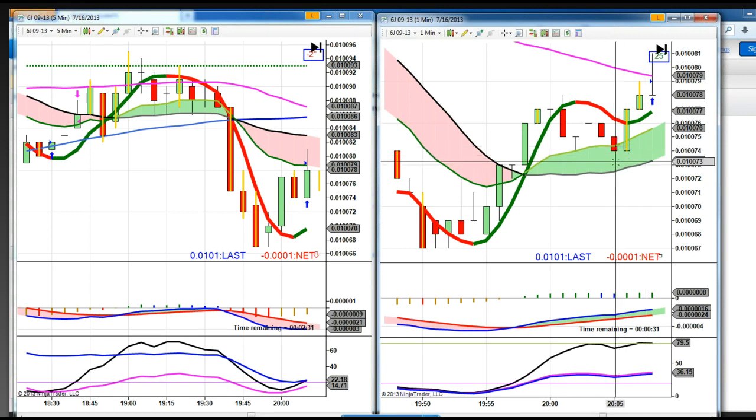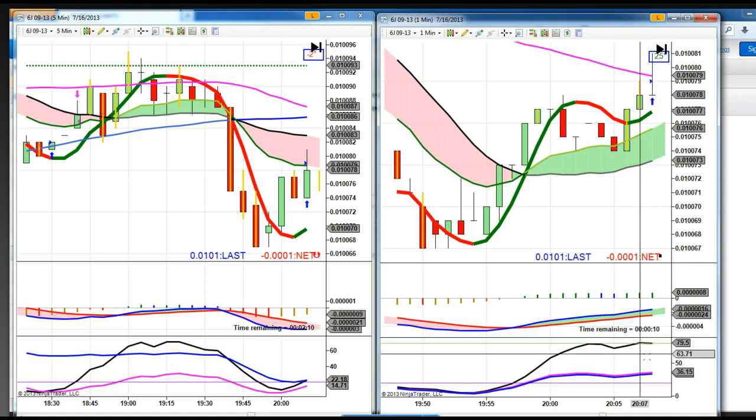I saw this beautiful green pasture right here. Then I look at the MACD. For perfect, I like to see the MACD trending upward and not hitting the center line yet, and I also like to see the stochastics all go up at the same time.